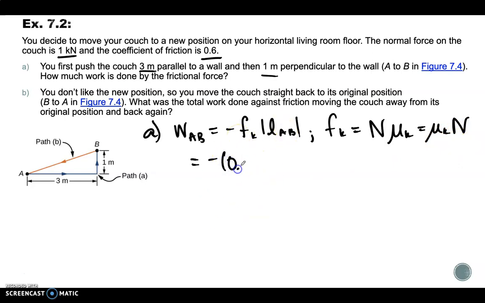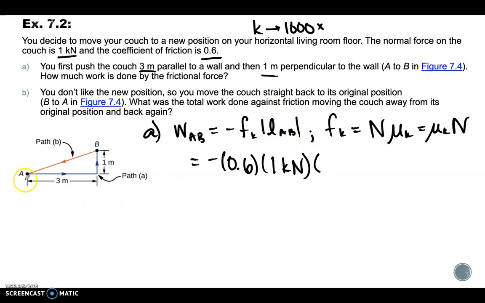So we'll say our coefficient of friction, 0.6, times our normal force, which is 1 kilonewton. Remember, kilo, or k, means 1,000 times whatever it is, so this is 1,000 newtons. And then we have times this length.